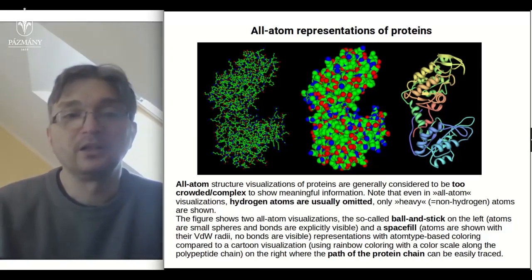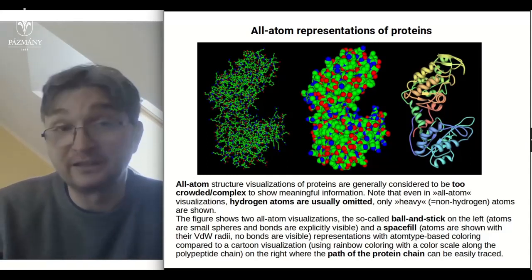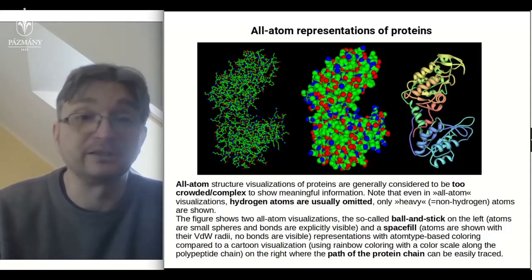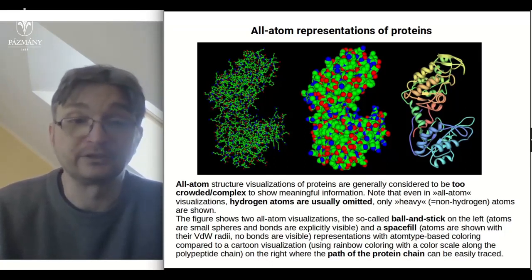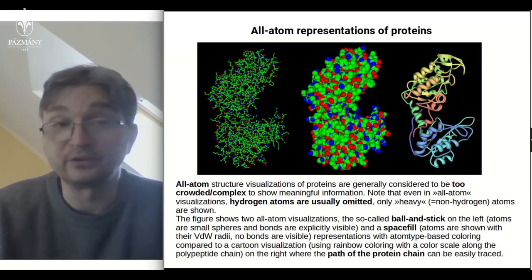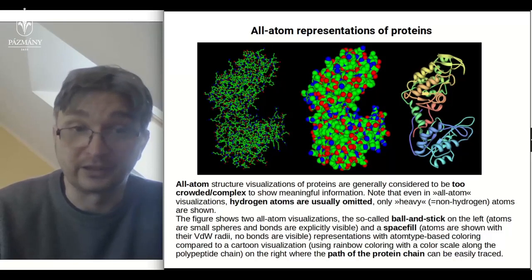as many structures determined by X-ray crystallography do not contain the hydrogen atoms as available in the PDB database. This is a quite common all-atom representation, where we don't show the hydrogen atoms. Anyway, they would make the picture even more crowded.